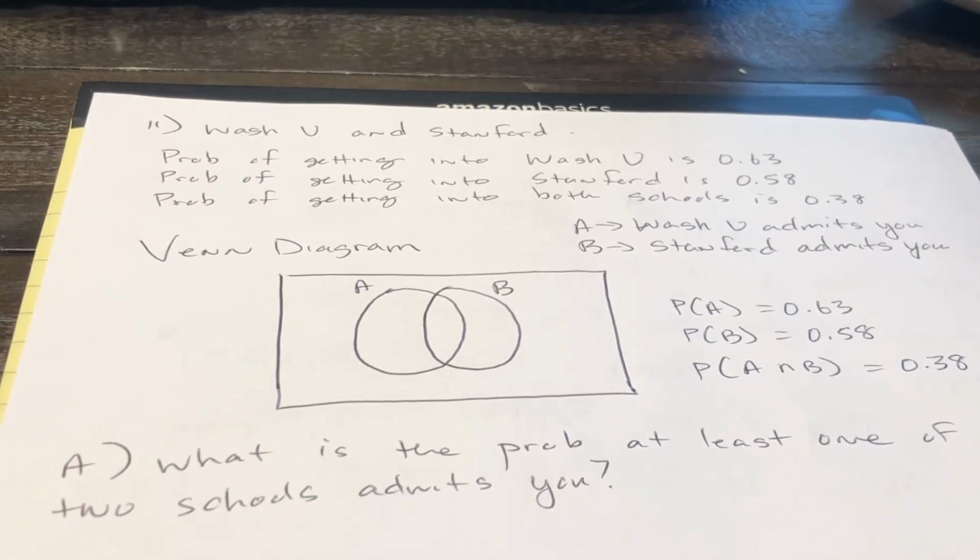It says you've applied to both Washington University in St. Louis and Stanford University in California. The probability that WashU is going to admit you is 0.63. The probability of getting into Stanford is 0.58. And the probability that both are going to let you in is 3 out of 8, 0.38. Make a Venn diagram and use it to answer the questions.